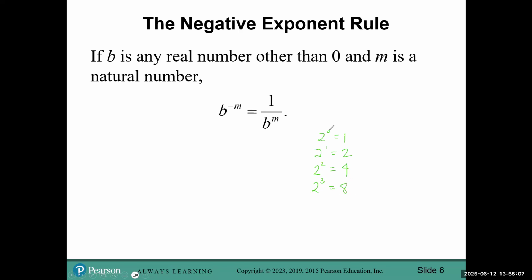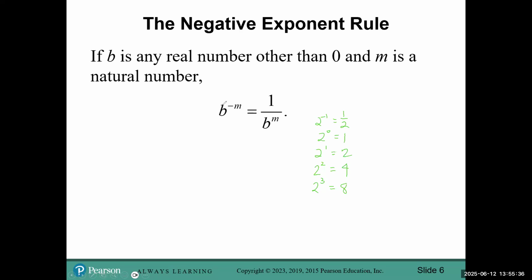So as the exponent gets bigger, and I'm moving in this direction, I multiply the previous number by 2. As the exponent gets smaller and I'm moving in this direction, I'm dividing the previous one by 2, which means if I'm going to decrease from 0 to -1, that's just decreasing that exponent. I'm going to divide by 2. So 1 divided by 2.